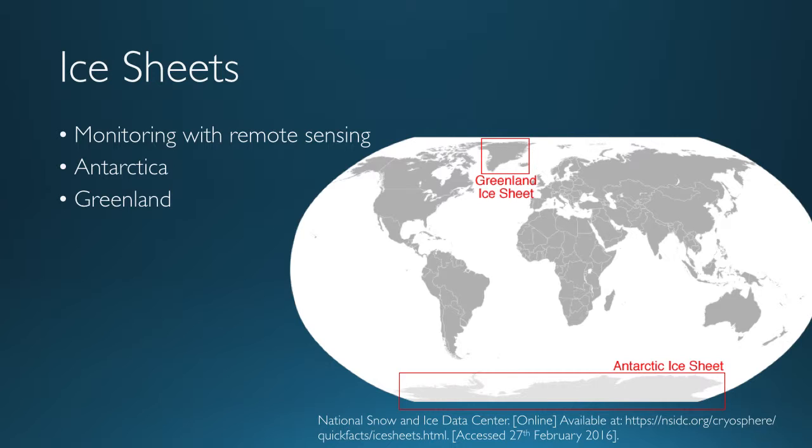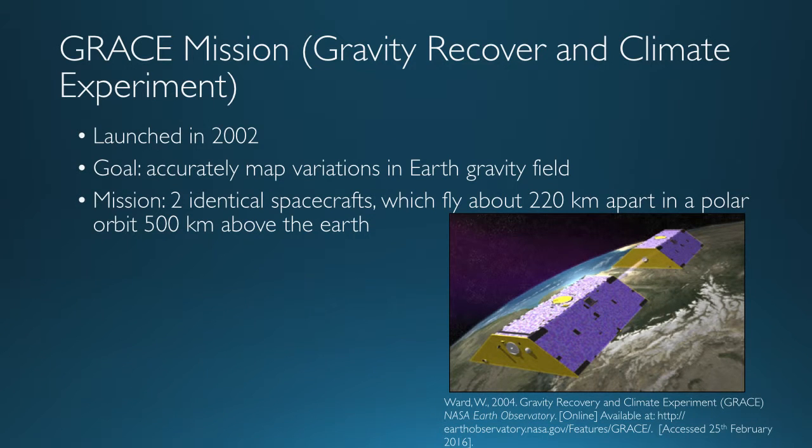One of the most important satellites related to remote sensing techniques in assessing changes in ice sheets and sea level rise is the GRACE mission, or Gravity Recovery and Climate Experiment. This was launched in 2002 and had the goal of accurately mapping variations in Earth's gravity field.